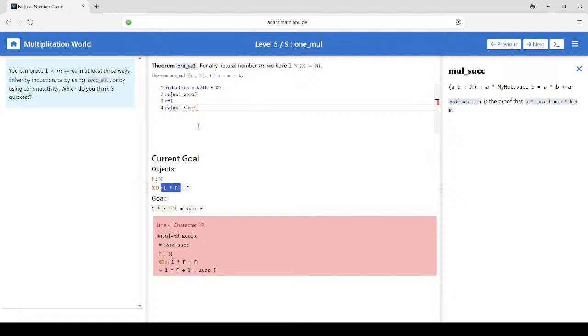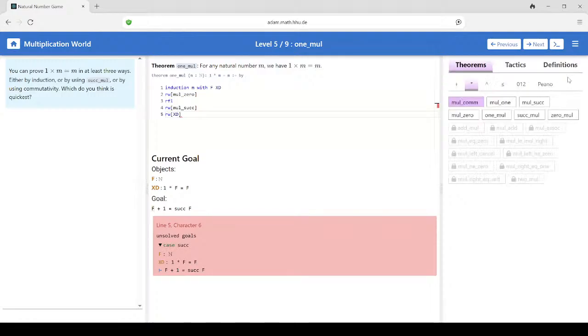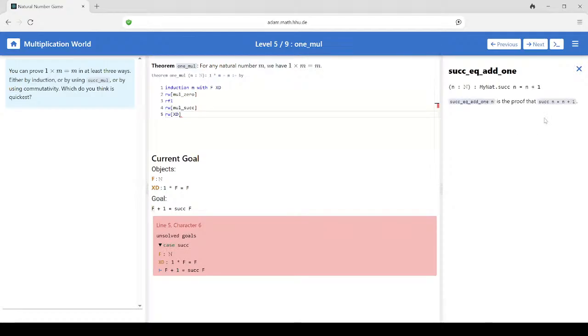Oh, and now we can use our XD hypothesis. Oh, and f plus 1 is, of course, the successor of f. So, and we can... Where is it? This one? Yes, actually, we just need to do it backwards.